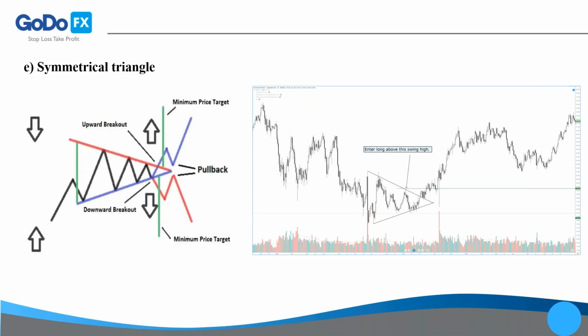Now for the symmetrical triangle, which is a technical analysis pattern that forms when a financial instrument's price consolidates within converging trend lines, creating a symmetrical shape resembling a triangle, and this pattern indicates a period of indecision and potential volatility with the expectation of a breakout in either direction.